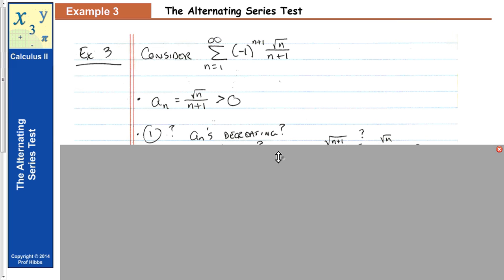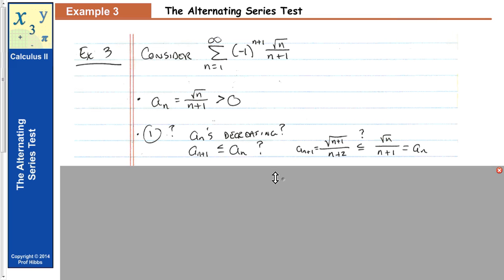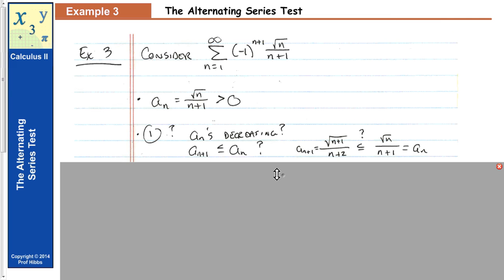Now the next question: can we tell whether the a sub n's are actually decreasing? That is, is a sub n plus 1 always less than or equal to a sub n? When we look here, here's the a sub n plus 1. We have an n plus 1 under the square root, and we have an n plus 1 in the fraction, and then plus 1 gives us n plus 2.